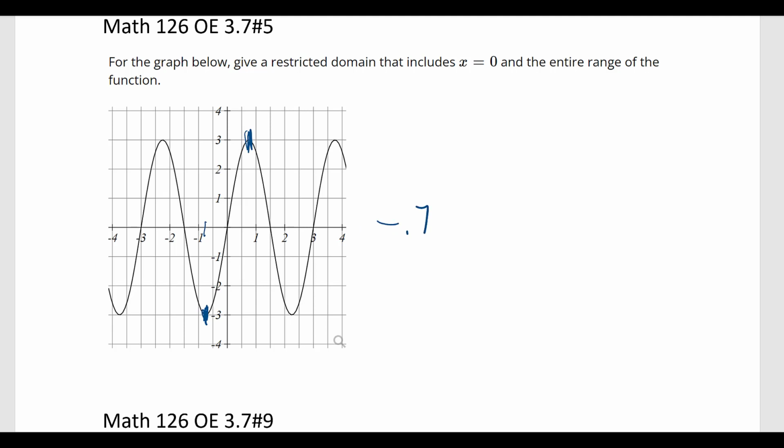Negative 0.75 up to probably a 0.75. So that range of x values gives me the entire range that the function produces.